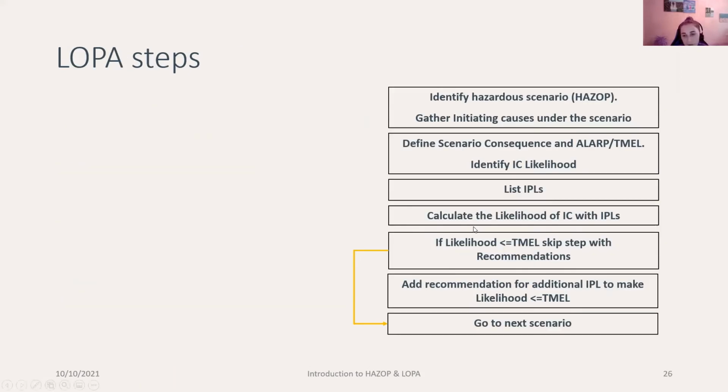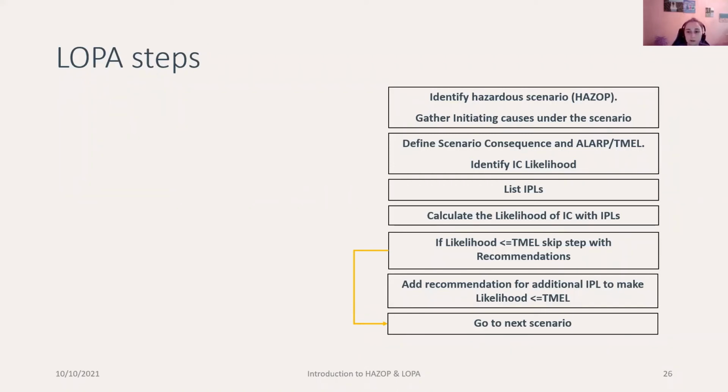After you are doing that, you identify the scenario consequence, but that has already been done during the HAZOP. The consequence will be the severity of this scenario, which will be the same across the HAZOP with the same outcome.